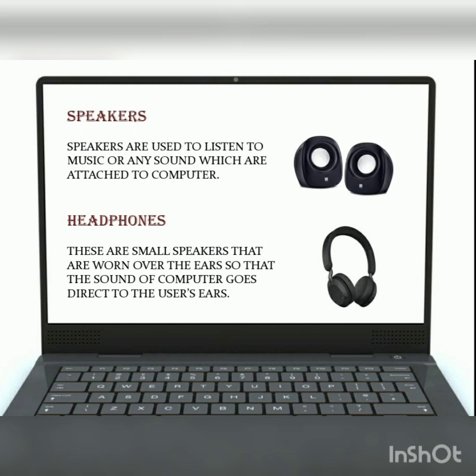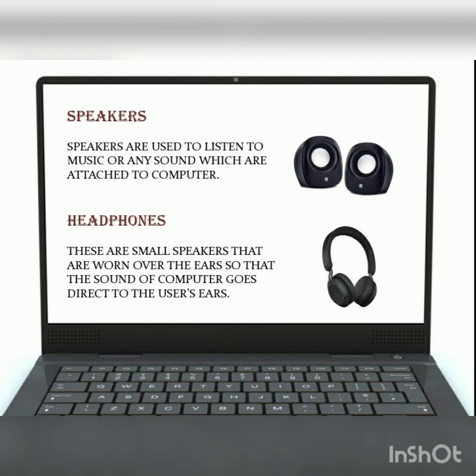So kids, now let me ask you whether you like to listen to music or sound or not. Okay, so listening to music or sounds is done through speakers and headphones. Speakers are used to listen to music or any sound, and are attached to the computer. You can see there are two little boxes. These are the speakers which are connected to a computer.